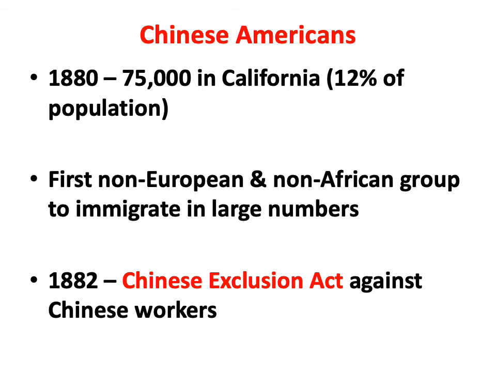And then some came over and many stayed to work on building the railroads, etc. Now, this was the first non-European or non-African group to come to the United States in significant numbers. In 1882, Congress passed the Chinese Exclusion Act to prohibit Chinese workers from coming to the United States.